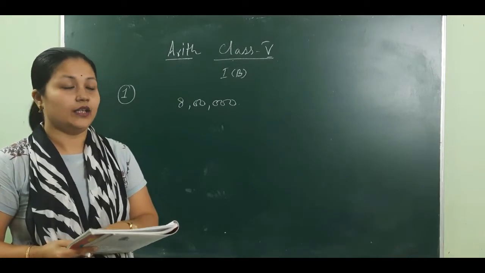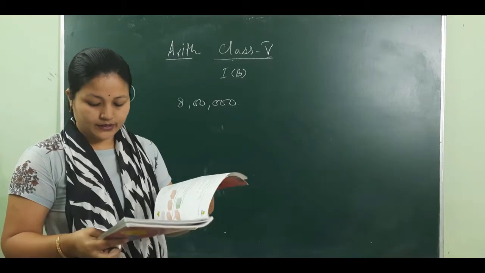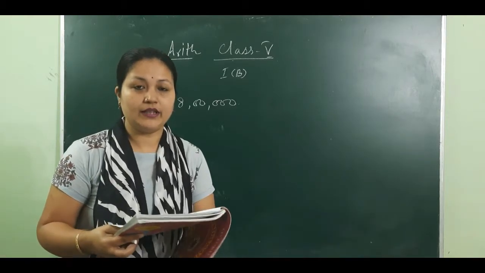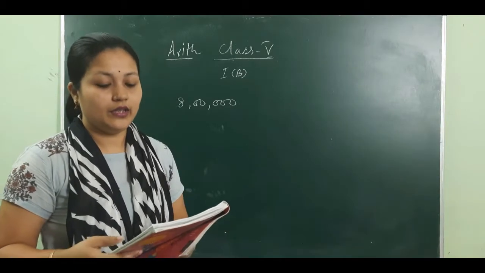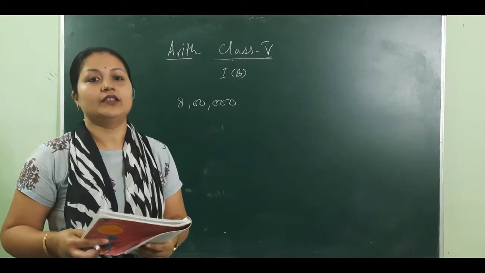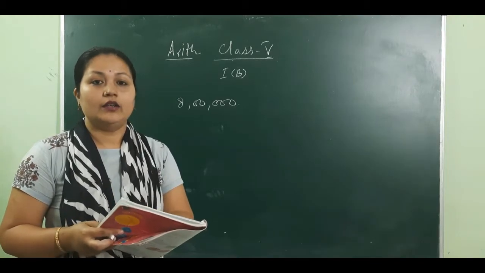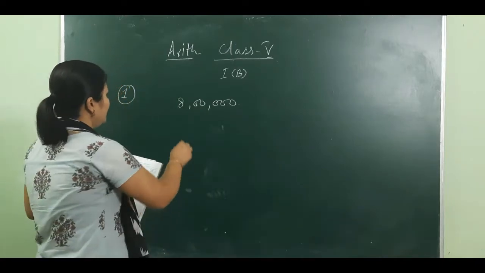To find this answer you can go to page number 11. The same question is given there with the example of 3 lakhs. Here it is 8 lakhs and the example is given as 3 lakh. So you can do it from there, and I'll also show you with 8.